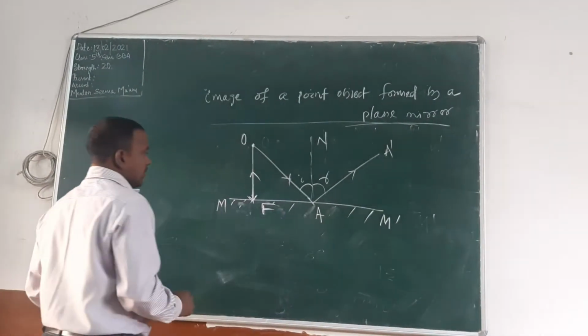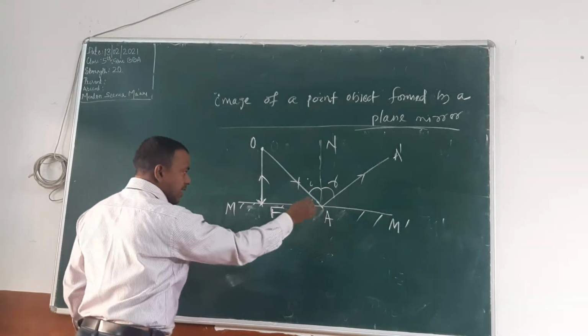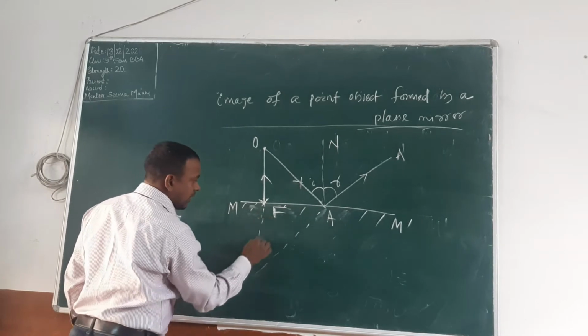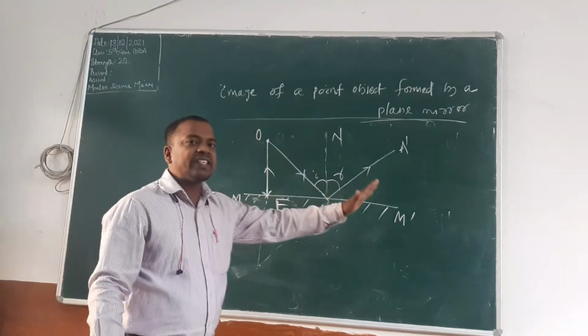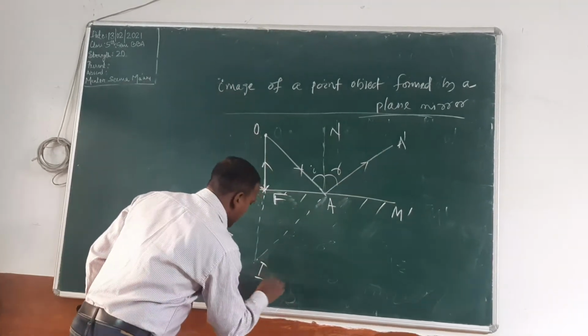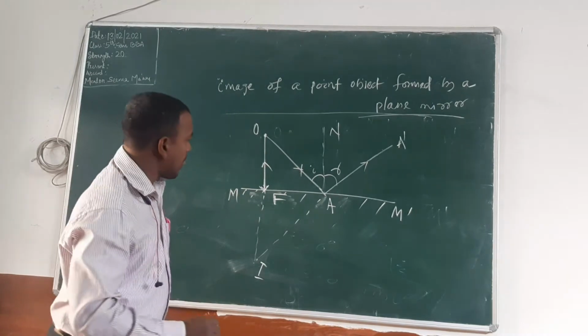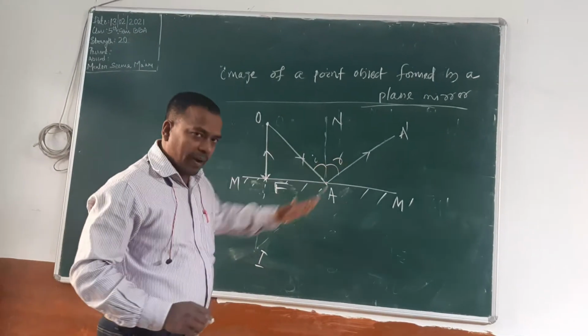When these two reflected rays OF and AA dash are produced backwards, they create the image at I, suppose position I.